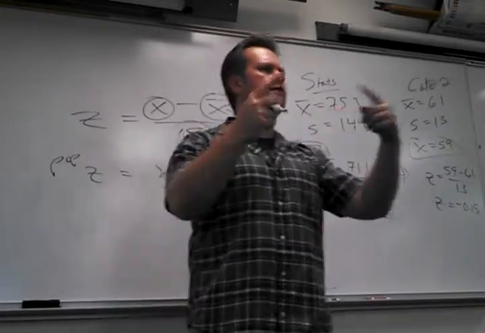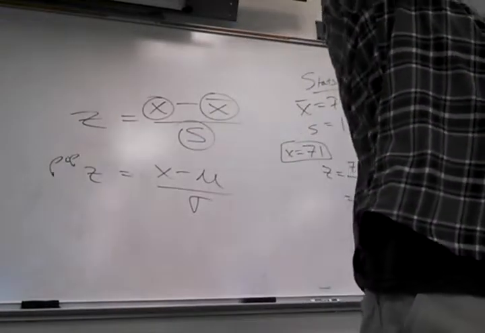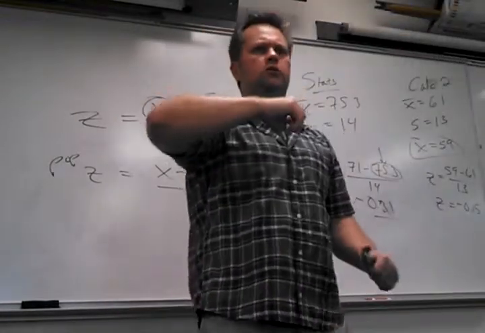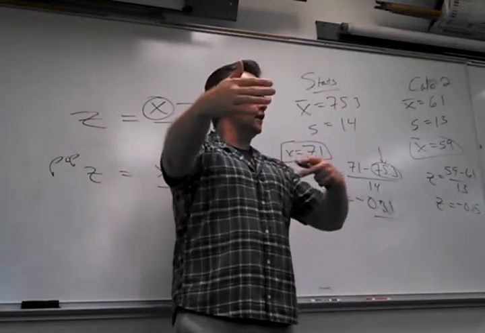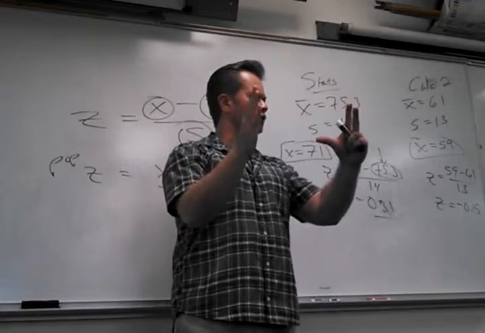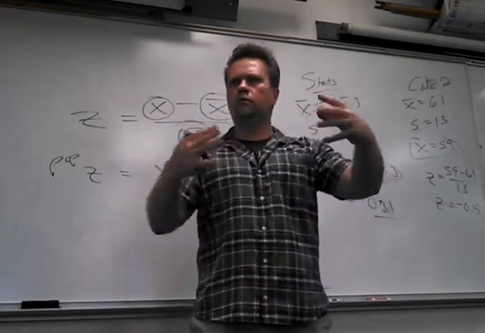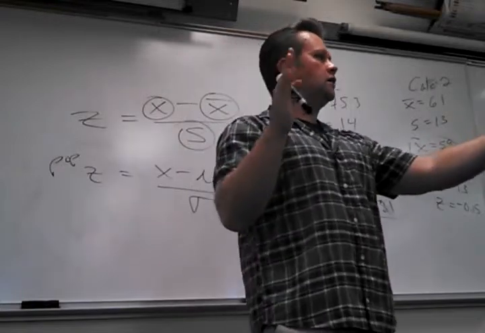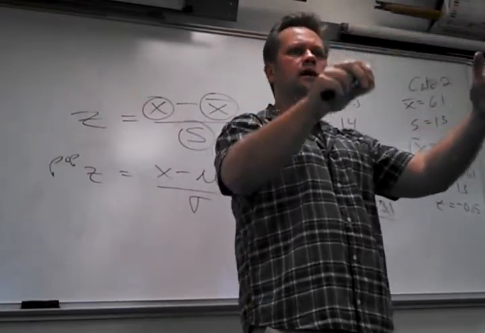That's why on the SAT, has anybody ever taken the SAT or ACT or something like it? They report to you percentiles in the SAT for sure. When you get your results back, they tell you you're in the 80th percentile, right? Which means you scored better than 80% of the people that took that same test.